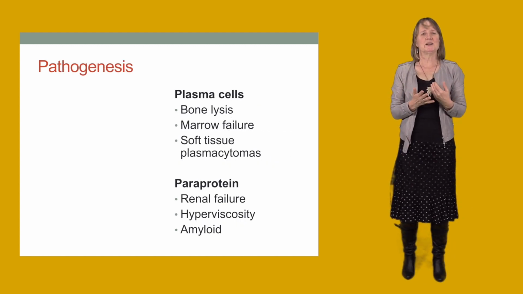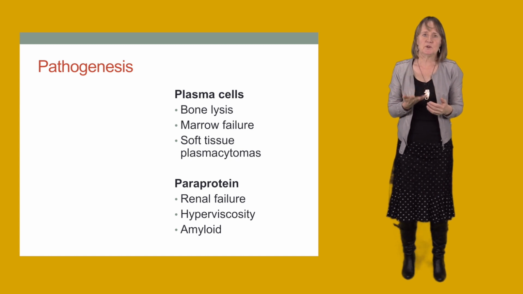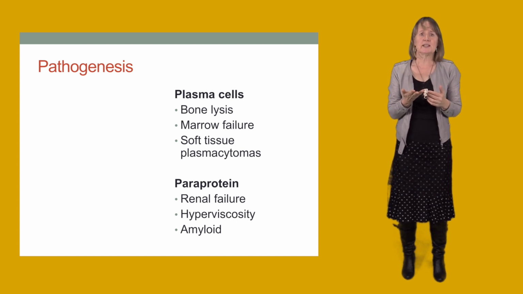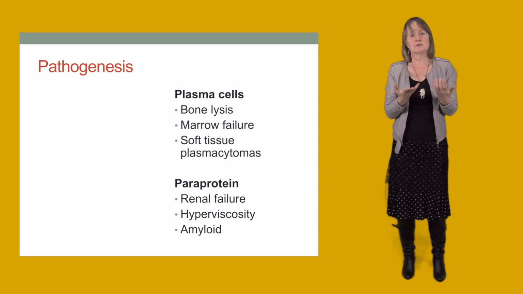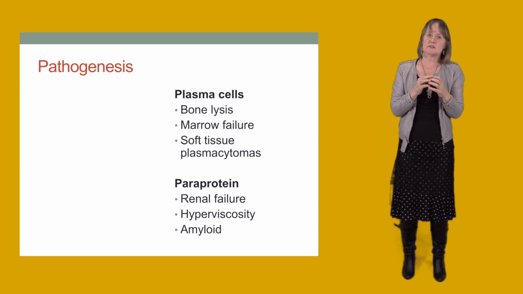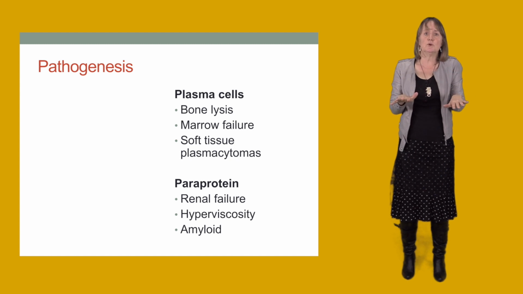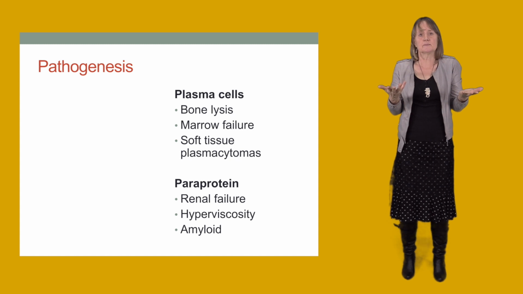At first sight, myeloma presentations can seem a little bit complex and confusing, but really we can work it out because most of them reflect either an accumulation of plasma cells that is causing a problem, so a lump of plasma cells, or a problem that results from the paraprotein production. So plasma cells accumulating in the bone marrow will cause a suppression of normal hematopoiesis, and it may result in cytopenias.